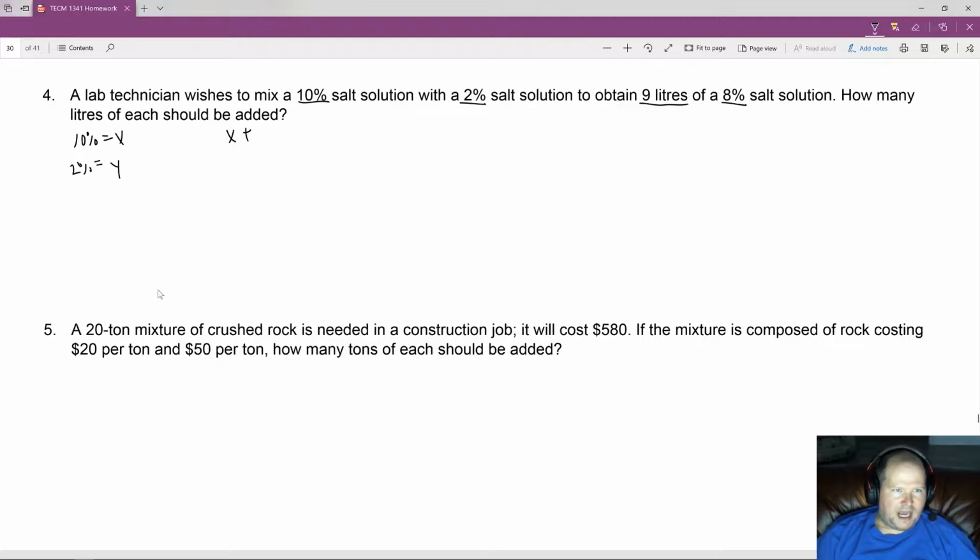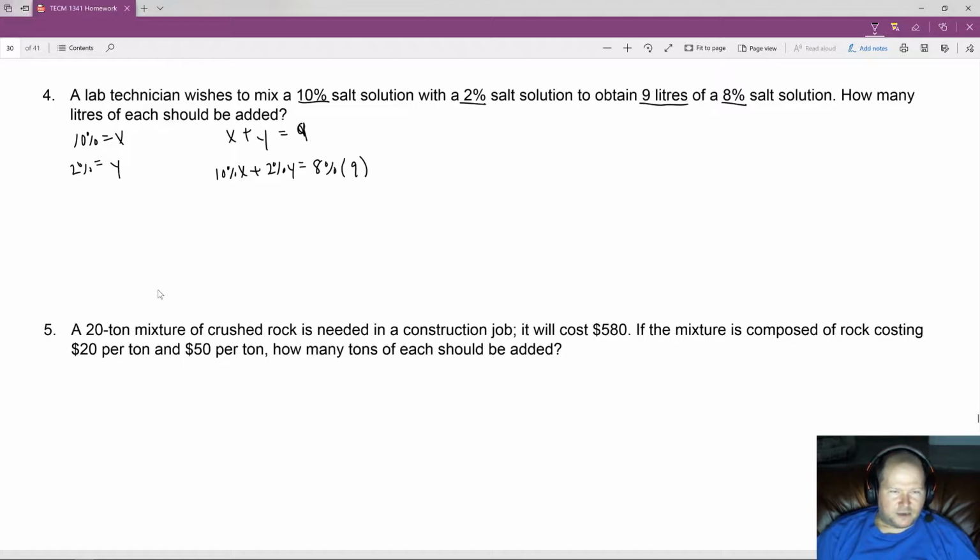We do know that if we add the 10% solution to the 2% solution, we should end up with a total of 9 liters. Now, if I wanted to put this in terms of pure salt, I would say, well, 10% of X plus 2% of Y must give me 8% of the final solution, which is 9 liters.